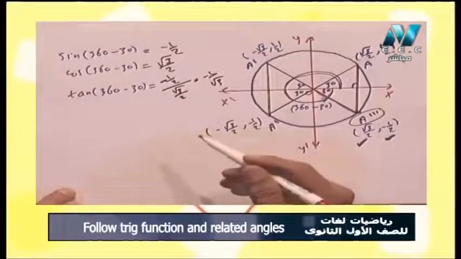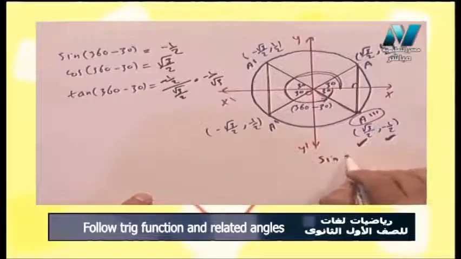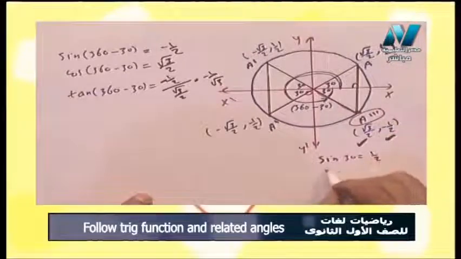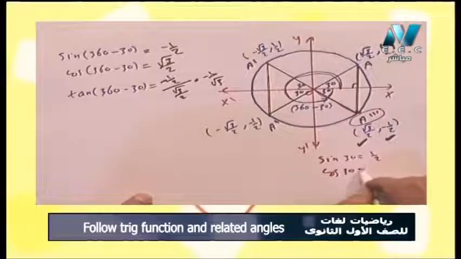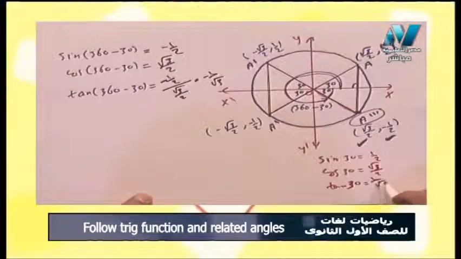So we know that sine 30 from here equals half, cosine 30 equals root 3 over 2, and tan 30 equals 1 over root 3 from the previous.